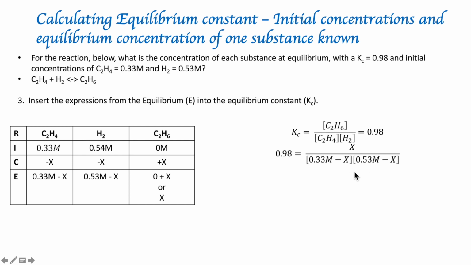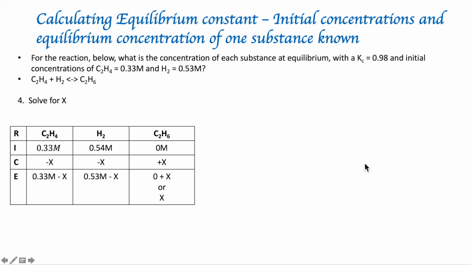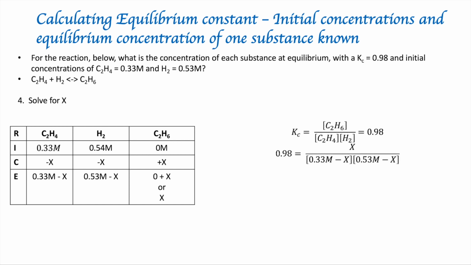So the next step: since I have these two in the denominator, I need to bring them up, so I'm going to multiply both sides by my denominator. Oops. So now I'm going to have to solve for x. Okay, here we go. I don't know what happened here.